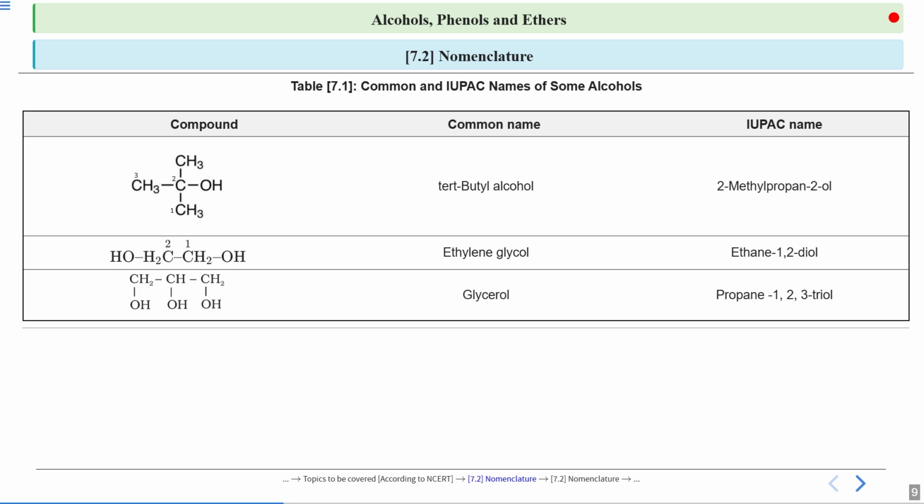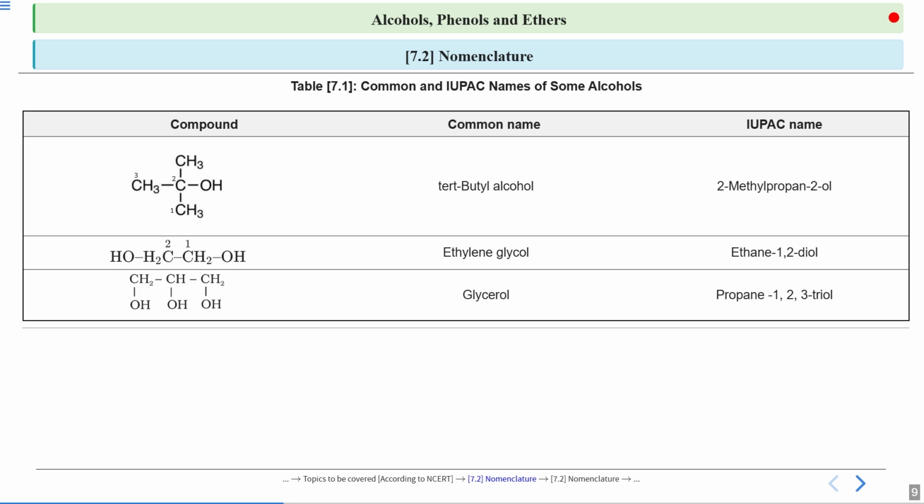This is a polyhydric alcohol. 2 hydroxy groups are attached. So we write 1,2 for indicating the 2 OH group positions, and diol suffix for the presence of 2 OH groups. Note here that the E is retained in the name of the alkane.